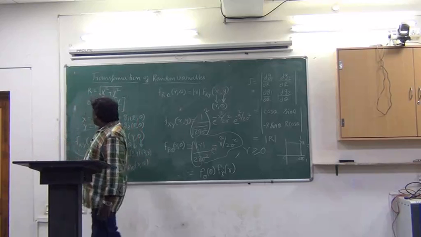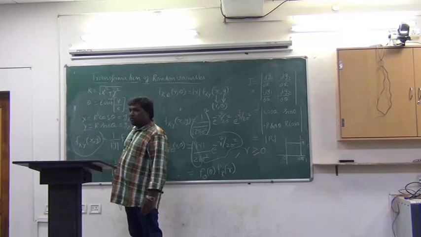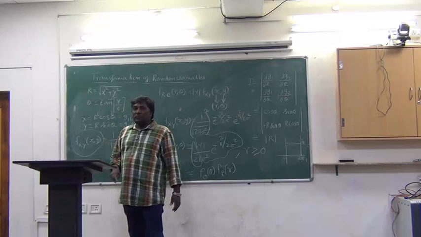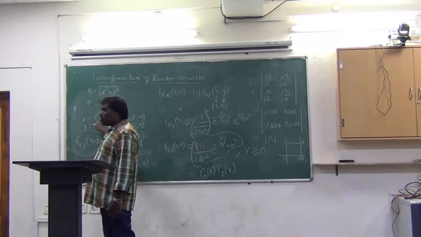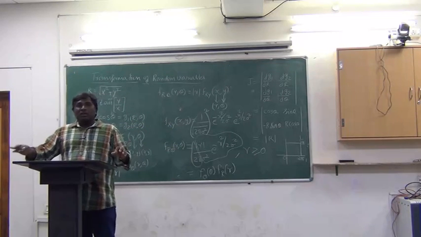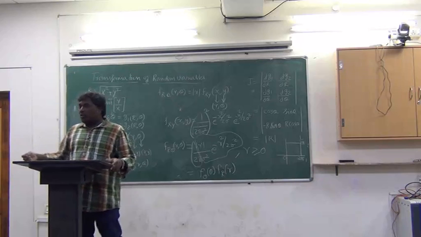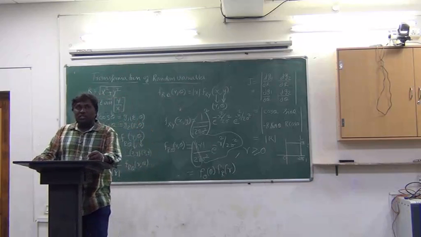It's very simple. From this expression we understand that if R is Rayleigh distributed and theta is uniformly distributed between 0 to 2 pi, then x equal to R cos theta is Gaussian distributed. And we have two choices: y equal to R sin theta is also going to be Gaussian distributed.